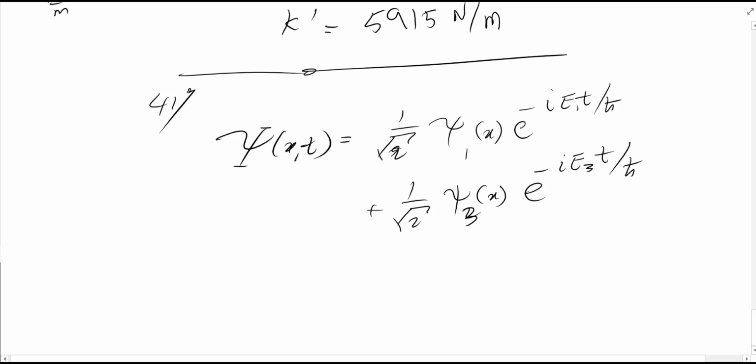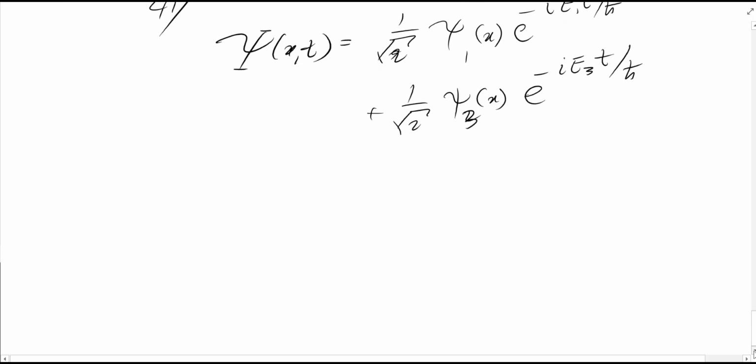Okay, so this is the function that they gave us. I know exactly what psi 1 is, and I know exactly what psi 3 is. Not a harmonic oscillator, I'm saying a particle in a box.